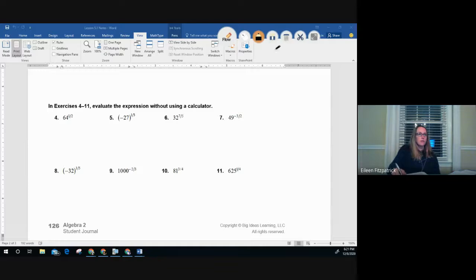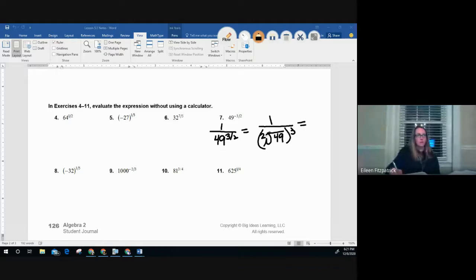All right, for the next one, the first thing I'm going to do is make the exponent positive. If you remember from Algebra 1, we rewrite this as 1 over 49 raised to the 3/2. Now I'm going to apply what we've learned: the bottom number tells you what root to take, the square root of 49, and then you raise it to the third power.